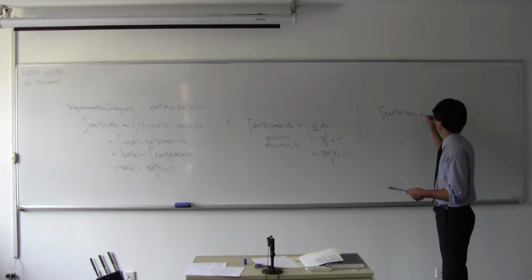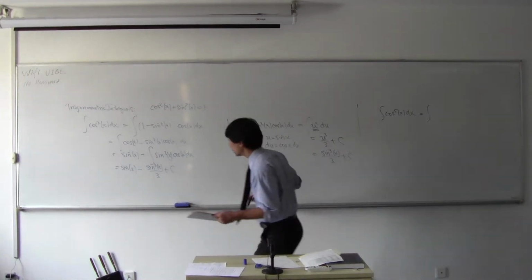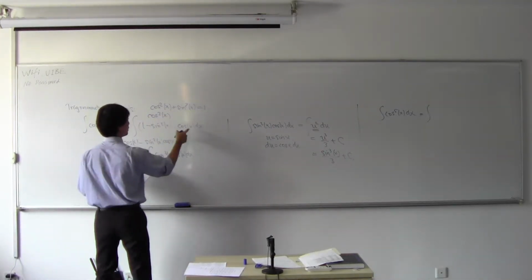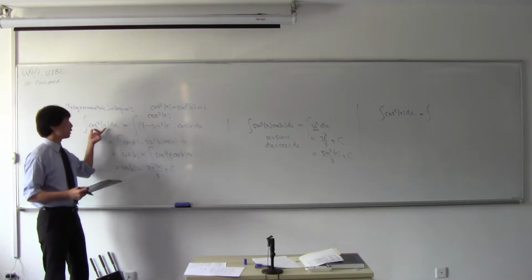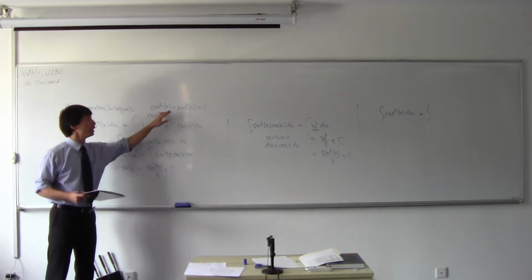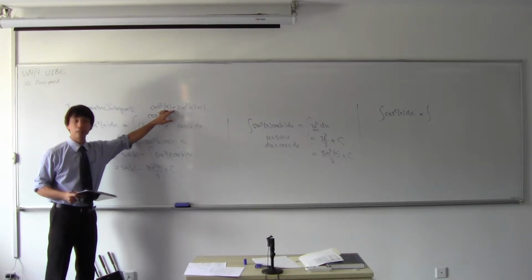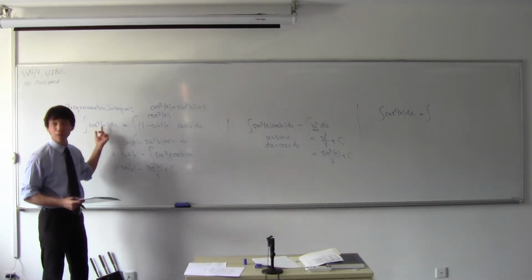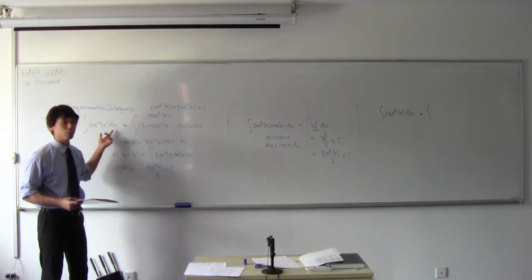What you could do is say, I'm going to break this up. Basically what we did was break cosine cubed into cosine squared times cosine, and then we replaced the cosine squared using the trigonometric identity. If you have cosine to any odd power, you can basically play the same trick.